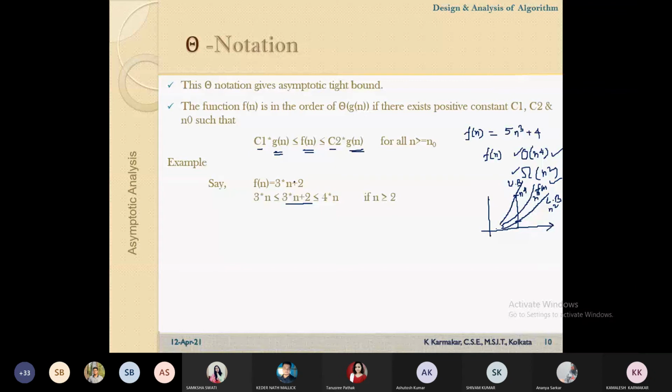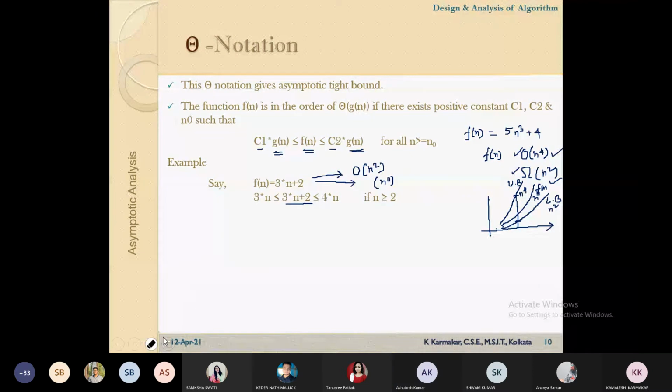But in the case of the asymptotic upper bound, we can represent it as big O of n square. In the asymptotic lower bound, we can represent it as big O of n to the power 0, that means big O of 1. Sorry, I made a mistake.